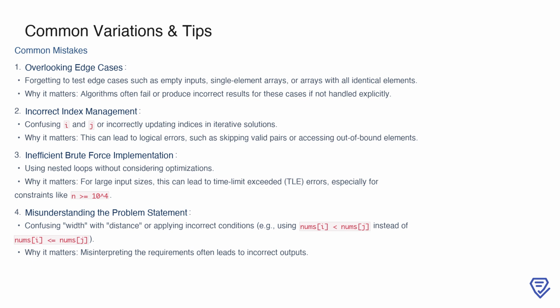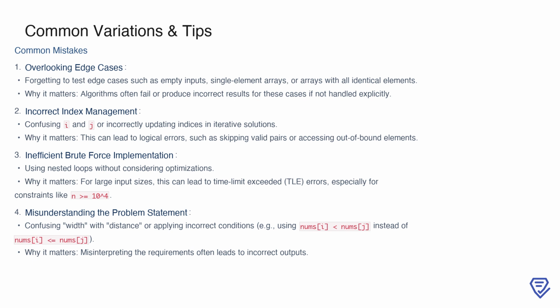Another mistake is relying on inefficient brute force approaches, like nested loops, without exploring optimizations. With large input sizes, these can lead to time limit exceeded errors, especially when constraints allow n to be as large as 10 to the power of 4. Finally, a misunderstanding of the problem statement can derail your solution. For example, some may confuse the width of the ramp with distance or apply incorrect conditions, such as using nums[i] < nums[j] instead of the correct nums[i] <= nums[j].